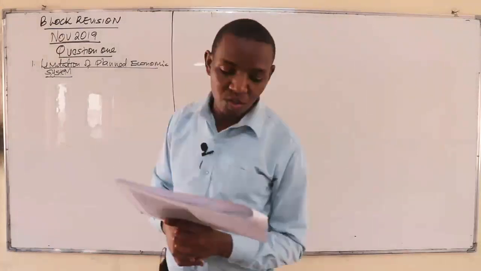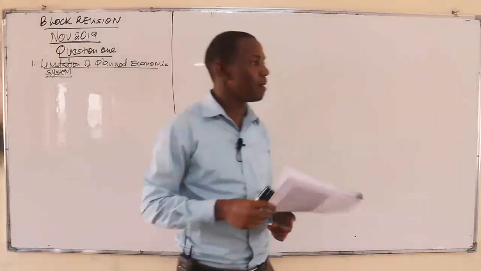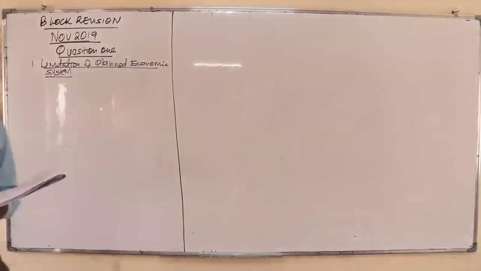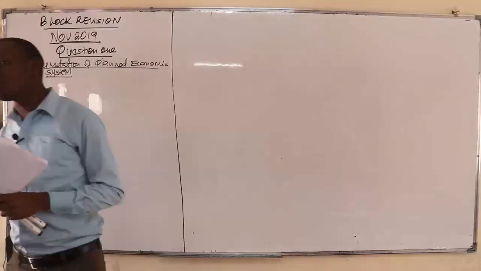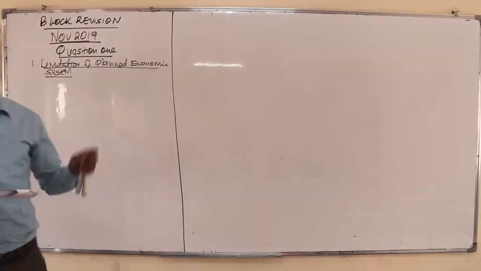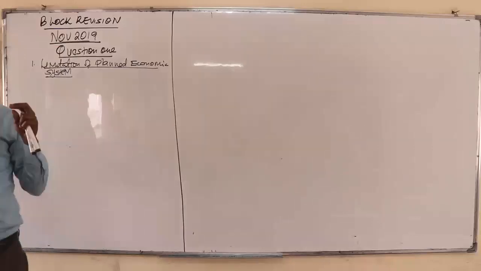Now, the second category is what we call the planned economy. What is a planned economy? A planned economy is whereby the decision on resource allocation is determined by an economic body that is appointed by the state.